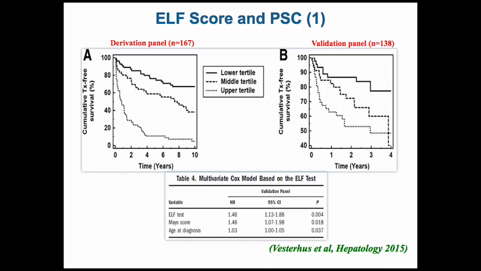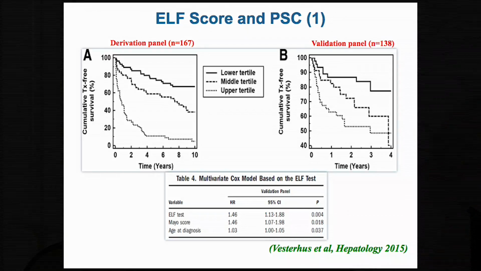Last year, this nice paper from Tom Karlsen's group found that the ELF score was able to stratify patients in terms of transplant-free survival in 3 groups, both in a large derivation panel and in a validation panel. And this prognostic value was independent from that of the Mayo score.